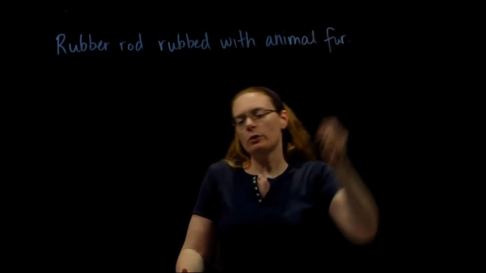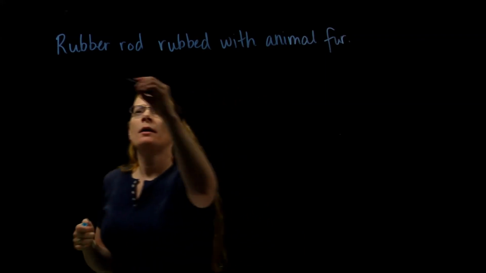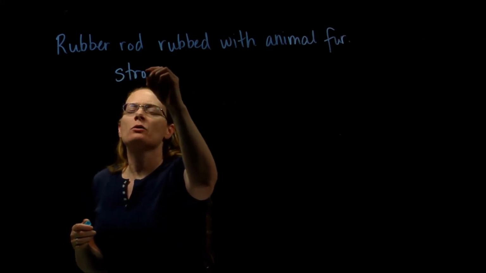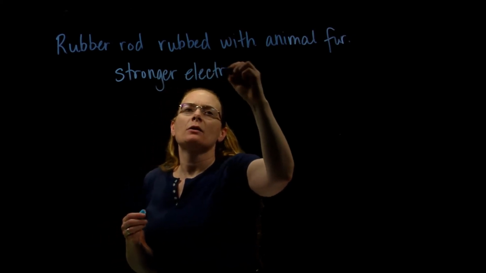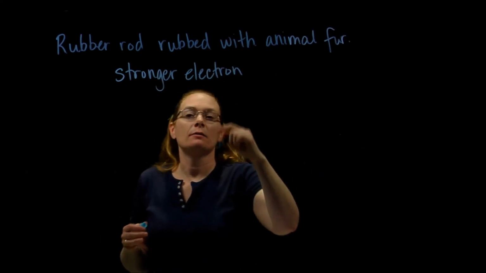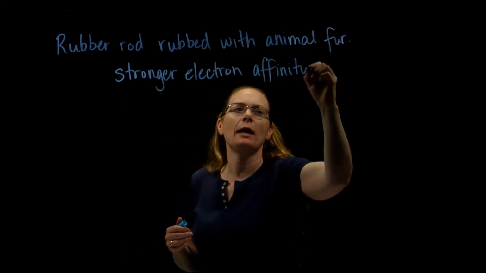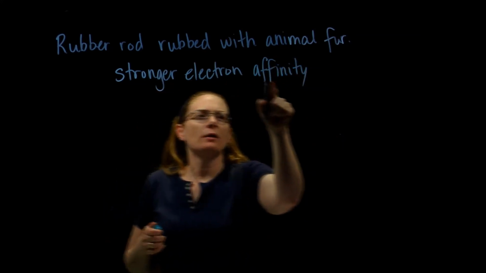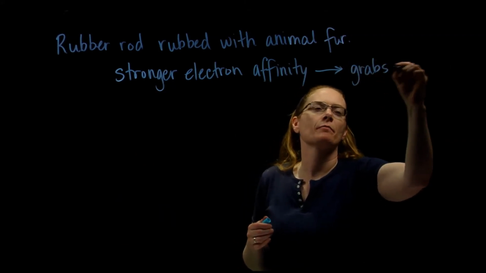And then the language I use for these problems is that the rubber rod has a stronger electron affinity. Stronger, bigger, electrons, negatives. Affinity means it likes them. Affinity is something you like. So a stronger electron affinity means it grabs the negative charges.